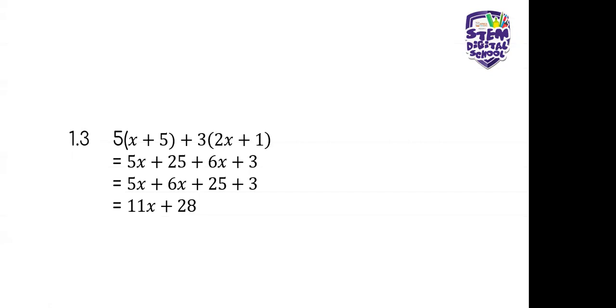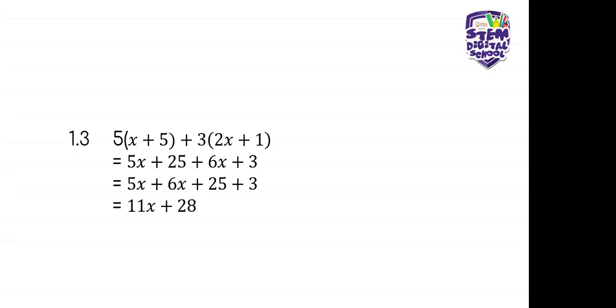But you can see that it looks more complicated than the last expression, in a sense that you've got 5 open bracket x plus 5 close bracket plus 3 open bracket 2x plus 1 close bracket. The original expression is more complicated than the last one, which only has 11x and 28. It should be clear at this point that we have now simplified our expression.